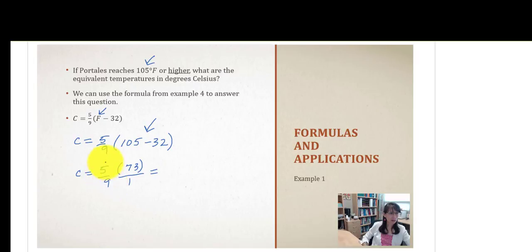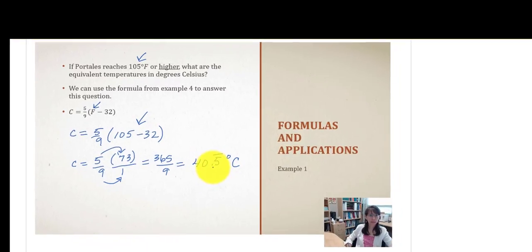So the Celsius temperature, 5 times 73 divided by 9 times 1. So 5 times 73 is 365 divided by 9. And we're going to have a repeating decimal here. So we know that 105 degrees Fahrenheit is about 40.5 degrees Celsius.